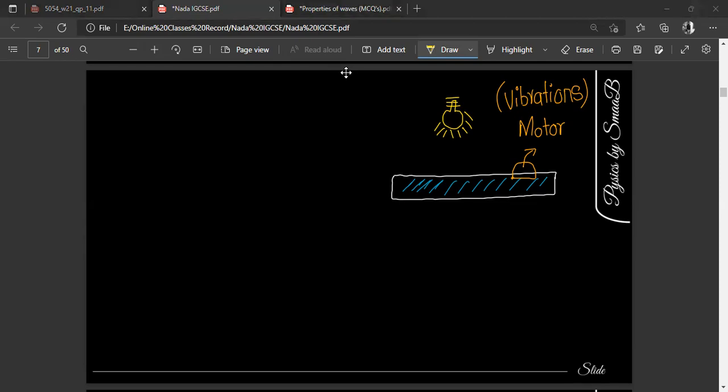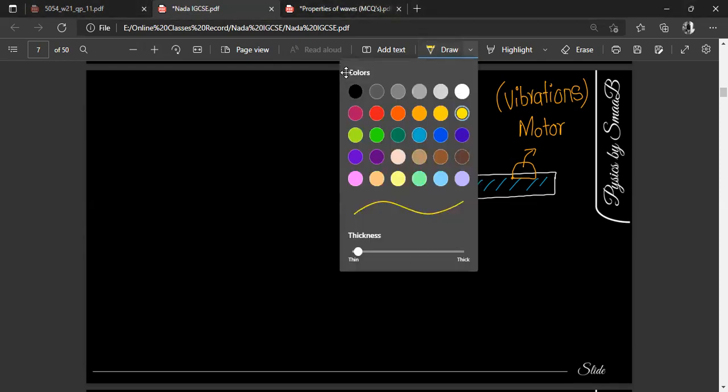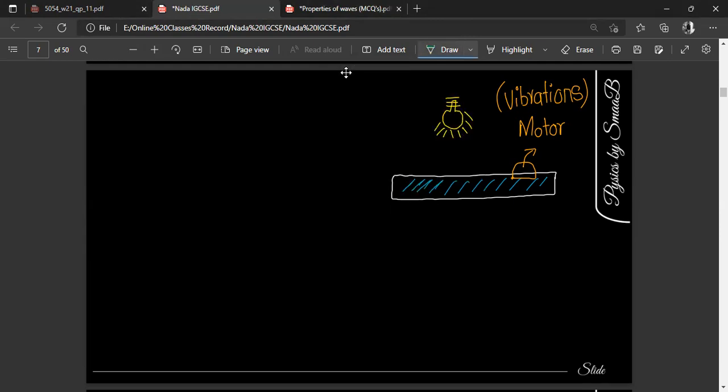When waves are generated in the ripple tank, the wave fronts are going to be like this, right? Previously we discussed that water waves are transverse in nature. So waves are going to be formed in this shape because we can't draw it in 3D.